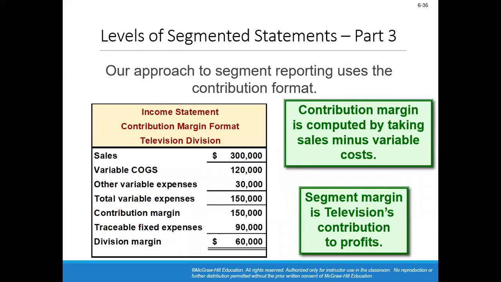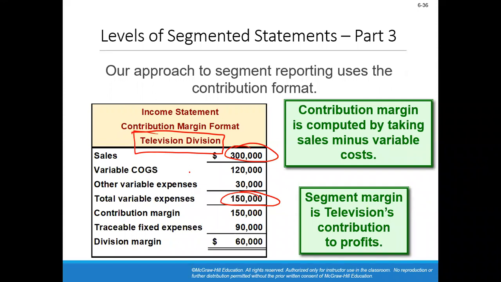Next, we would like to see how we measure the contribution margin. Again, it is a kind of review. We estimate the contribution margin by subtracting the total variable expenses from the sales revenue, right? Now the question is, note that this is a segment, the television segment. So how do you come up with a segment margin?